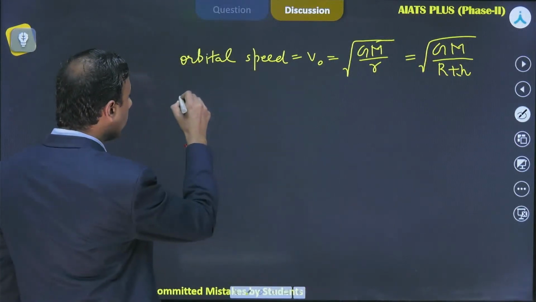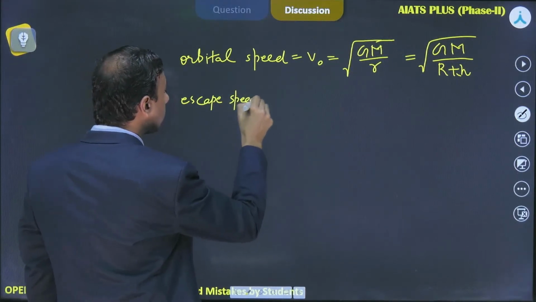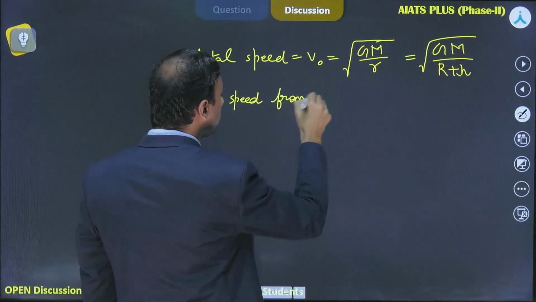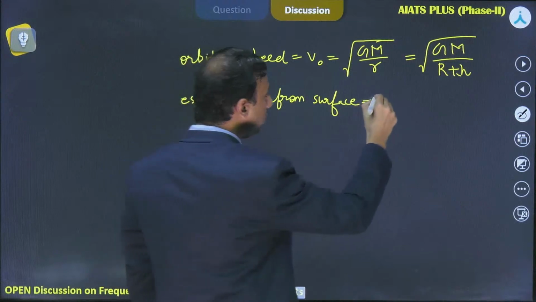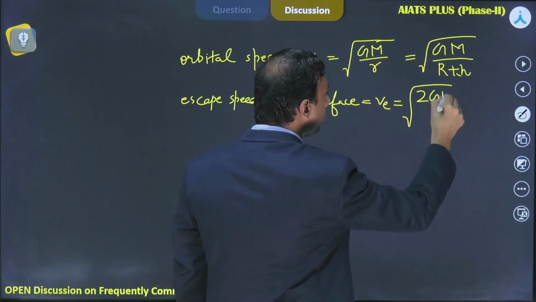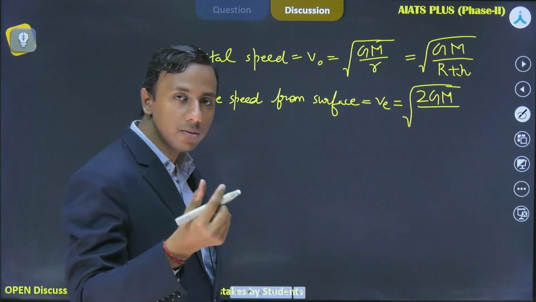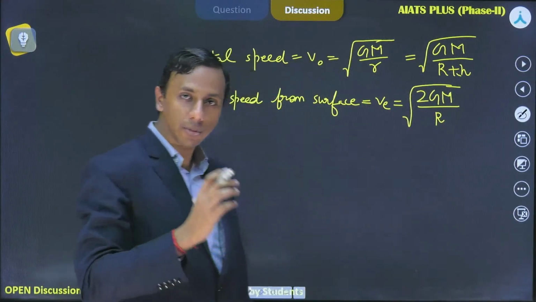And escape speed, what was the expression we got from the surface of Earth? This is V_E. Under root 2GM by r, where r is capital R, because we are finding the calculation from the surface.